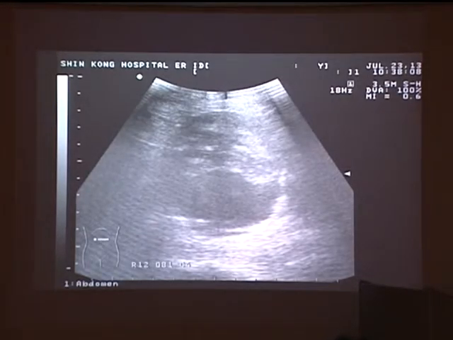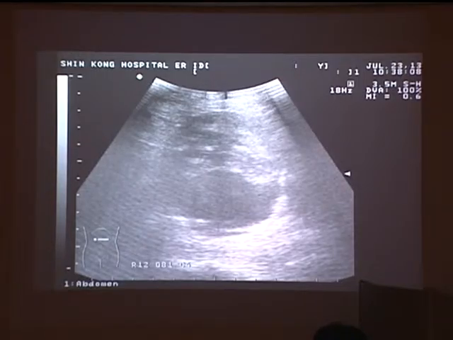Abdominal aortic aneurysm is a quite critical condition, and that's why we must scan for it, because the triad is not reliable. Some say the ruptured abdominal aorta has a triad of abdominal pain, pulsatile mass, and hypotension. These signs are not reliable. So scanning the abdominal aorta to find the aneurysm is quite important.